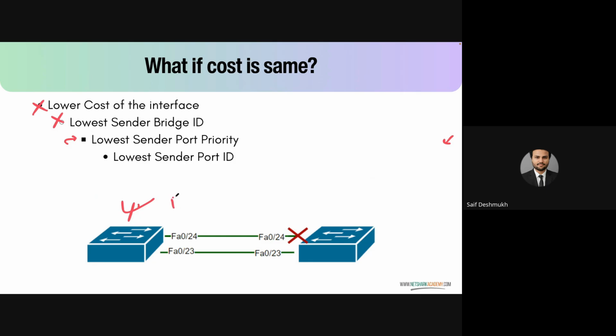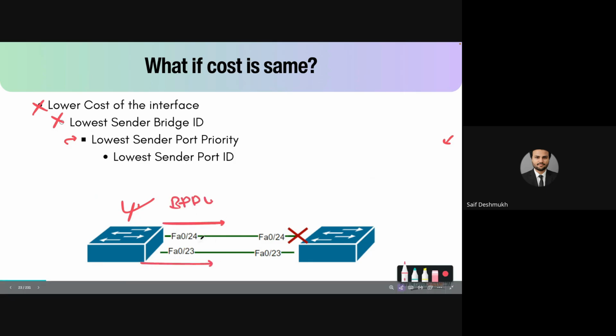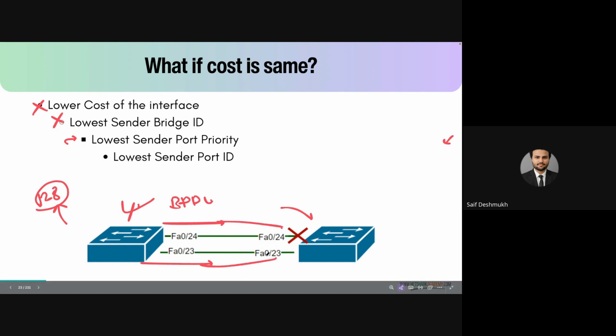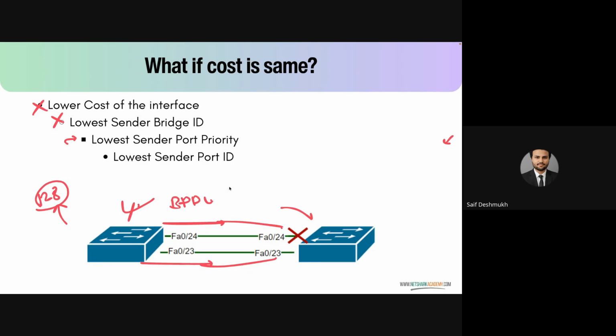Whenever a BPDU is sent out on both interfaces, by default, port priority will be 128. Both BPDUs will have the priority inserted in them. The receiving switch, a non-root bridge, is going to receive it, and it will treat as the root port the one which has a lower port priority in that message.